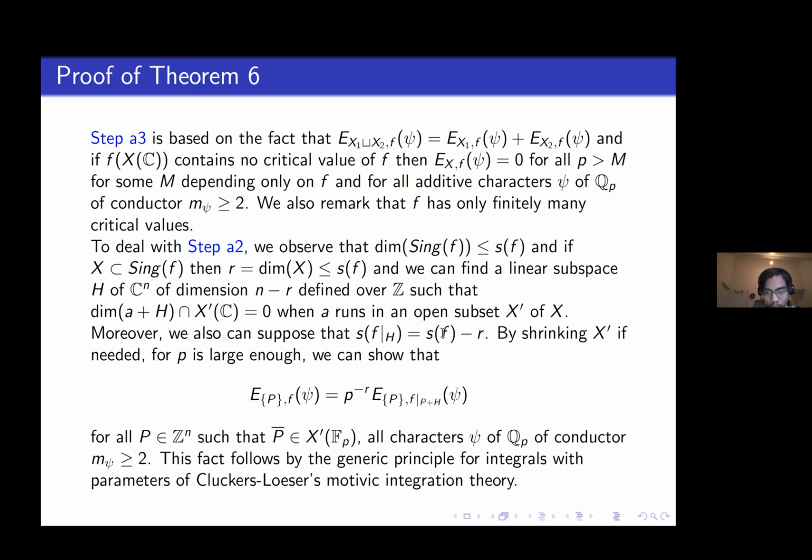one can show that we have a relation between the exponential sum associated with P, F, and psi, and the exponential sum associated with F restricted to the space P plus S and psi, by this formula. And this follows from the generic principle for integrals with parameters of Cluckers-Loeser motivic integration theory.